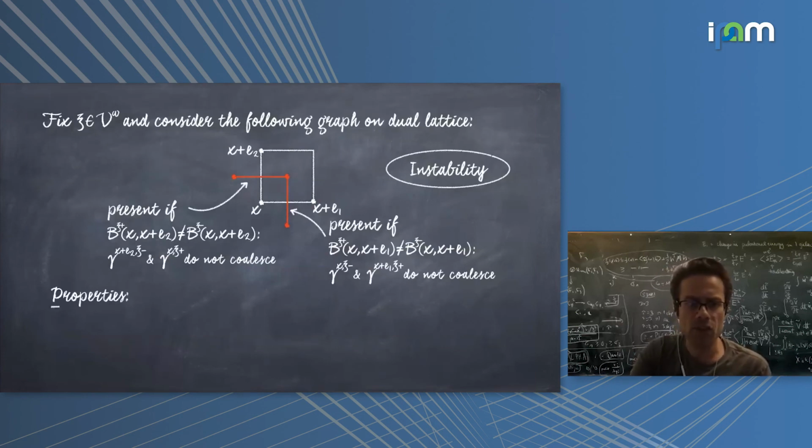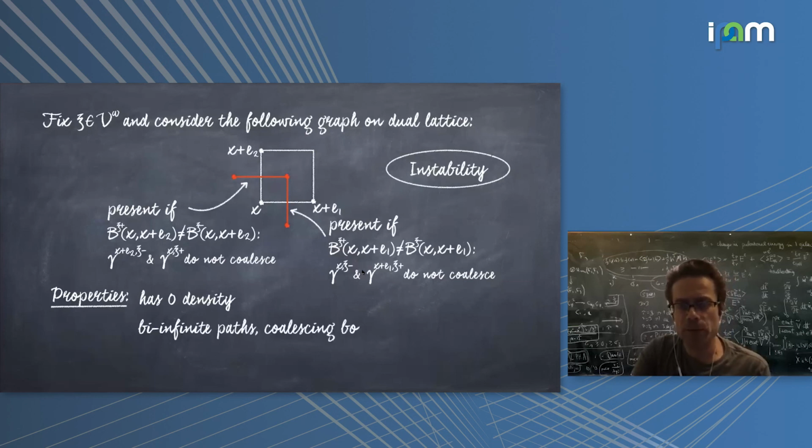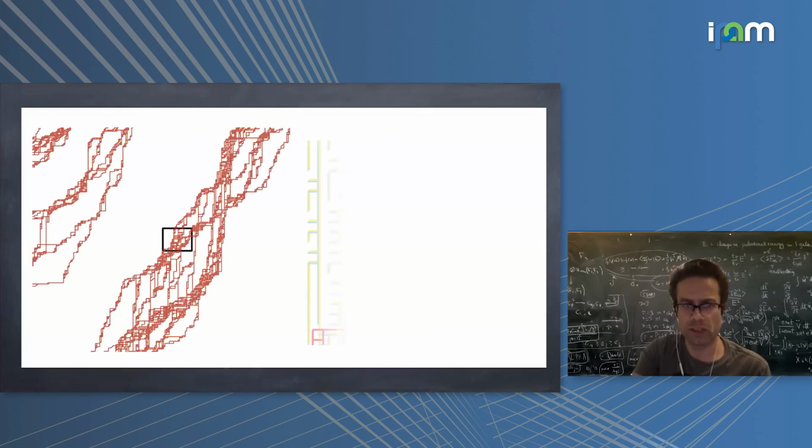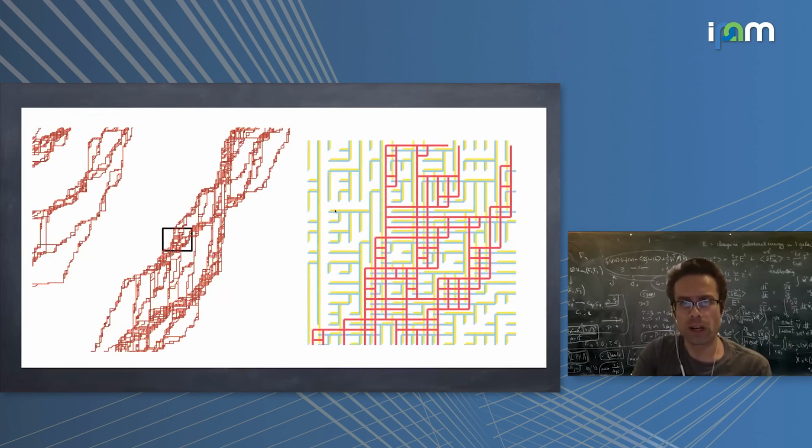So properties of this graph: it has zero density. The picture is not ergodic because I'm looking at a random direction. So even though the graph exists, it has zero density. And it's bi-infinite. It has on it bi-infinite paths that coalesce both going up and going down. So it is this picture. And here's a zoom in, where the green and the yellow are the Xi plus and Xi minus geodesics.